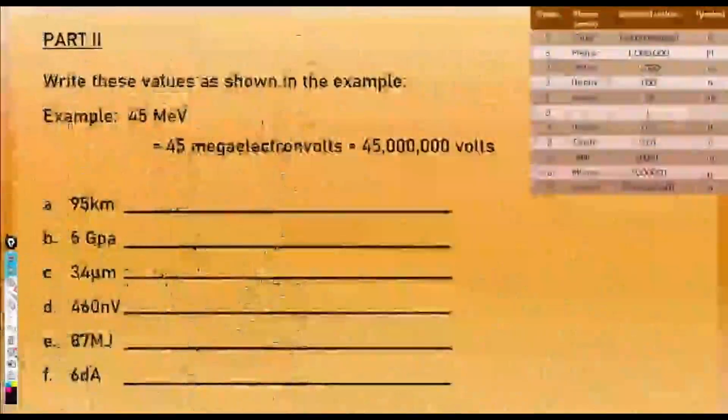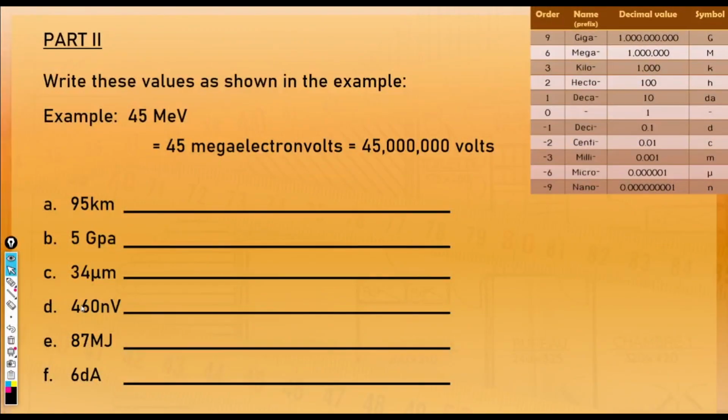the other way around. So if we flip this around, where we now have the units and we need to write out the full number, how would we do that? So again, write these values as shown in the example. Here's our example. It's 45 MeV, so we're in electron volts again.